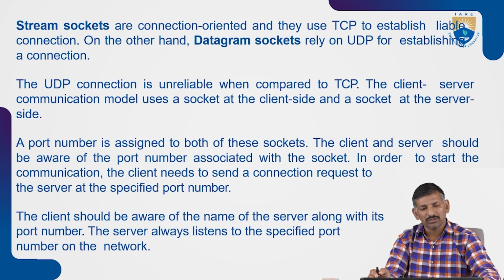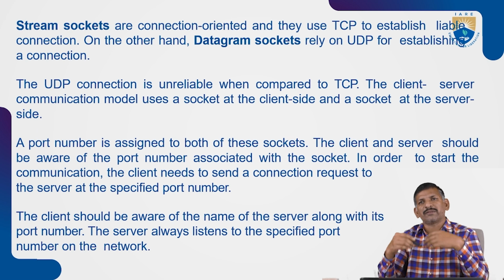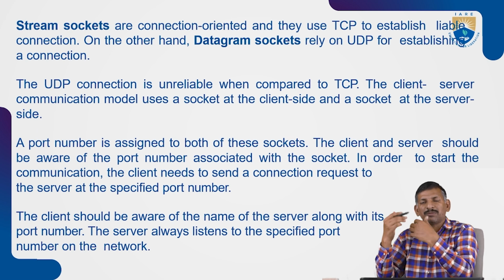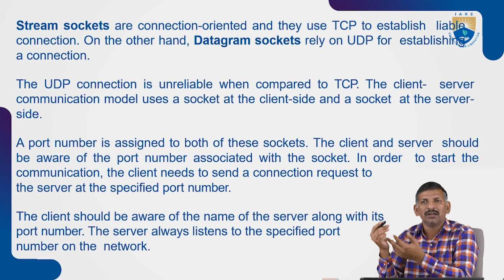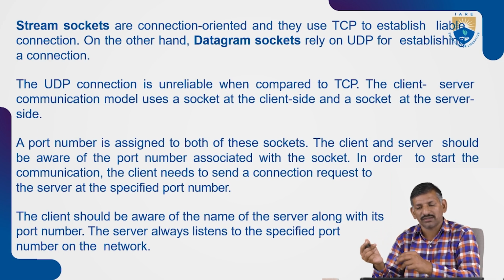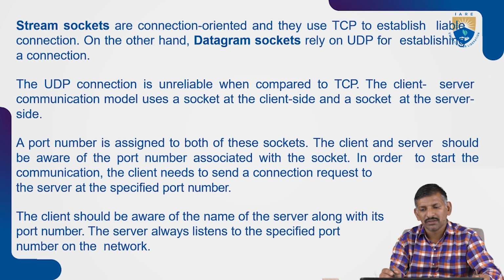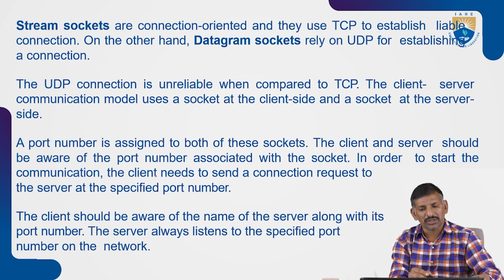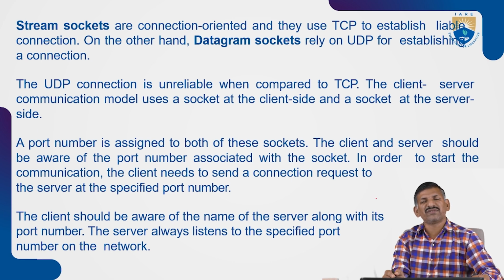In order to start the communication, suppose you want to interact with a particular person, we need to know the corresponding person's details, either name, destination, address, contact number, or ID number, whatever details are required. In order to start the communication, the client needs to send the connection request to the server at the specified port number.